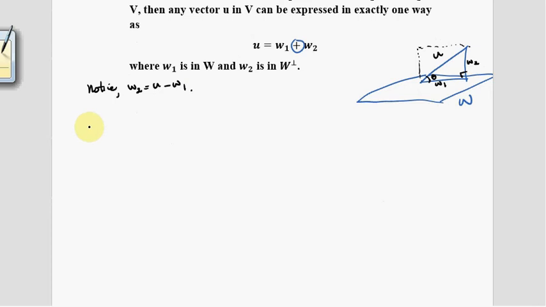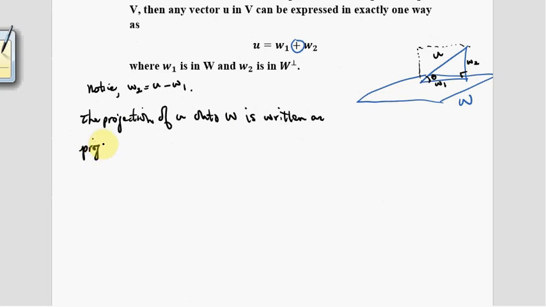So the projection of U onto W is written as the projection of U onto W, and it's equal to the inner product of U with W sub 1 divided by the norm of W sub 1 squared times W sub 1.